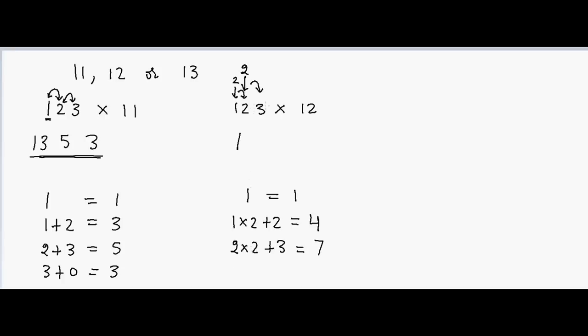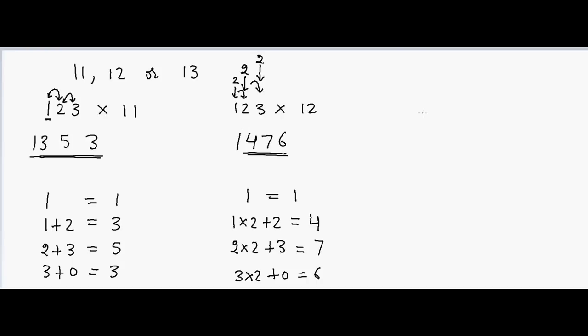And then for the last digit, I multiply the last digit by 2. So 3 into 2 plus 0 will be equal to 6. So the answer will be equal to 1476. Basically I am multiplying each digit by 2 and then adding the next digit into it.